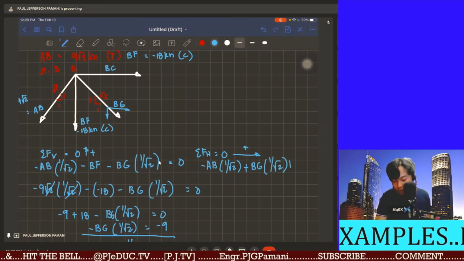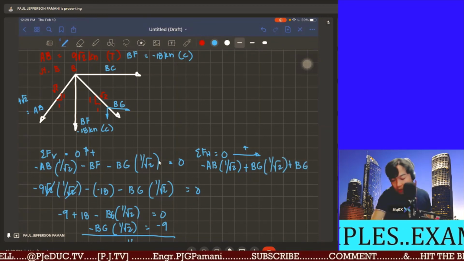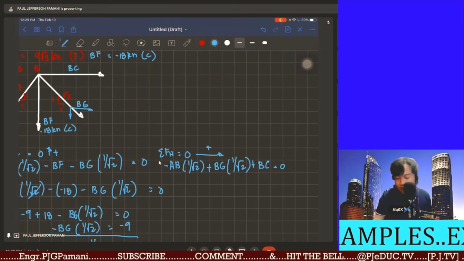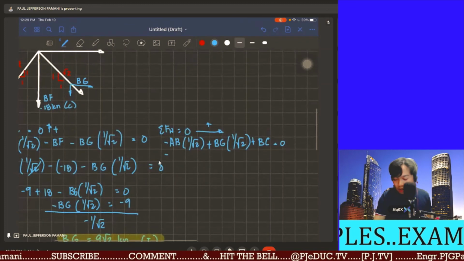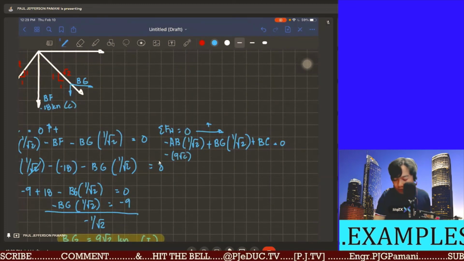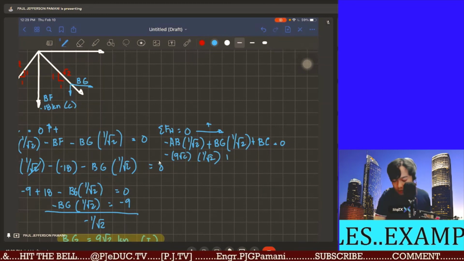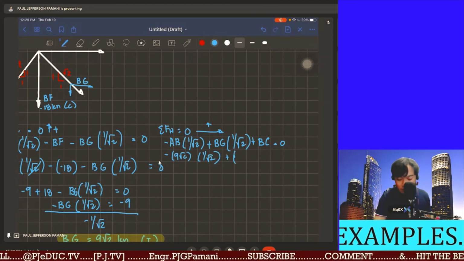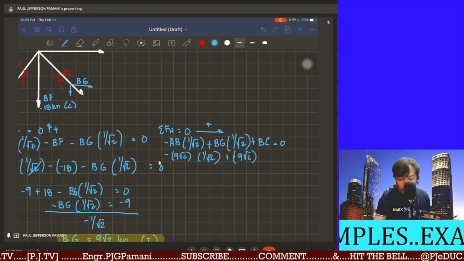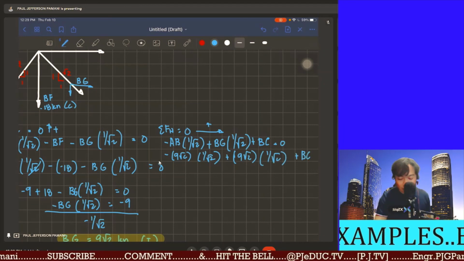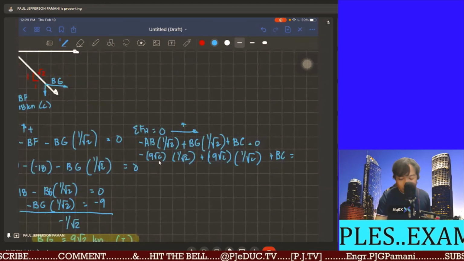And of course, the unknown member BC equal to 0. Okay? AB is 9 of square root of 2, 1 over square root of 2, plus BG, positive, 9 square root of 2 times 1 over square root of 2, plus BC equal to 0.